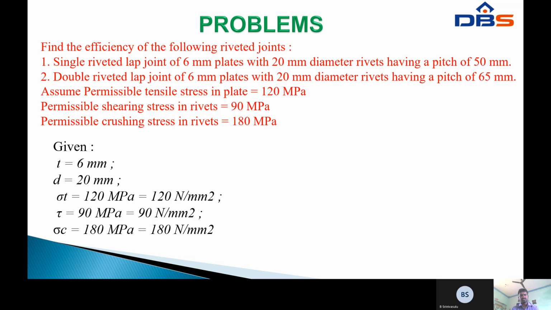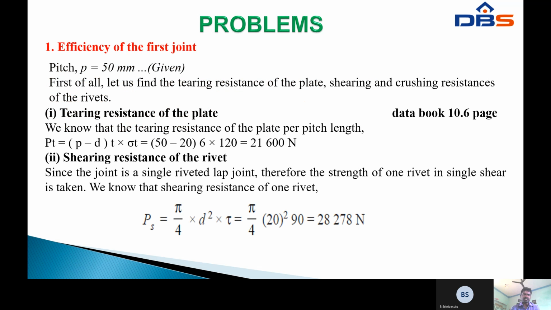The shearing stress tau equals 90 megapascal, that is 90 newton per mm square. Sigma c, the crushing stress, equals 180 newton per mm square. These are the given data.